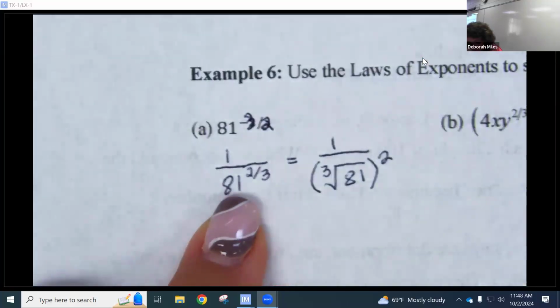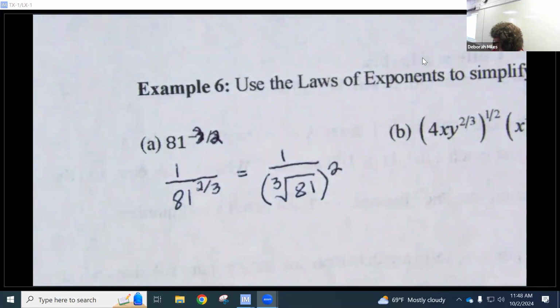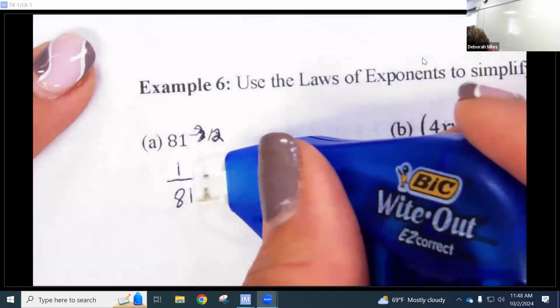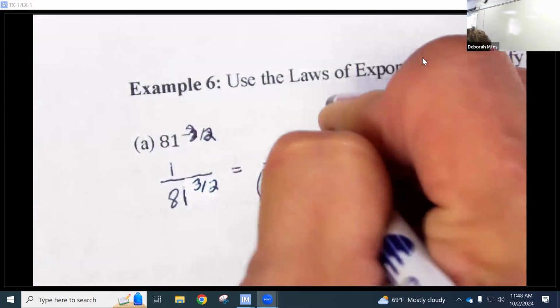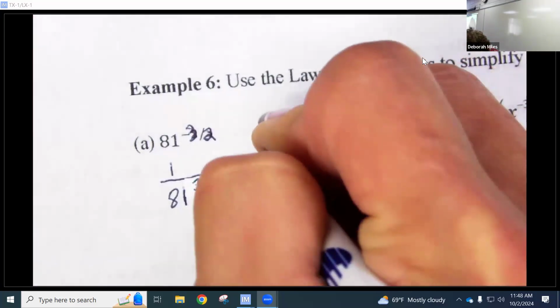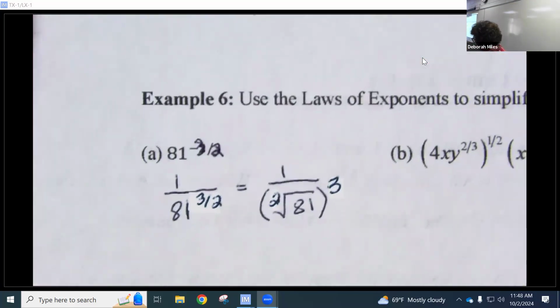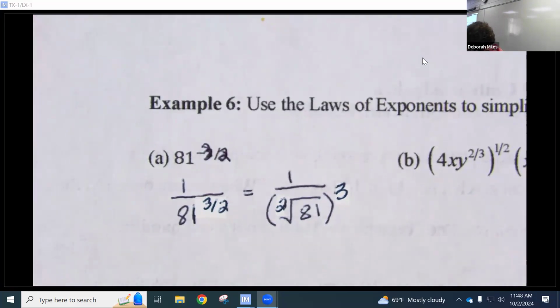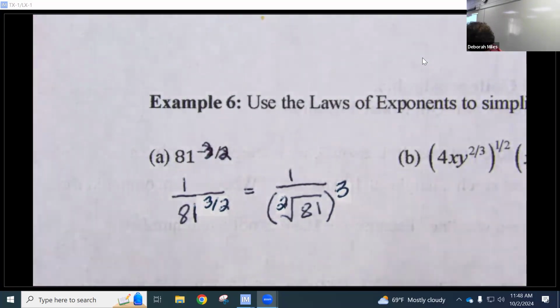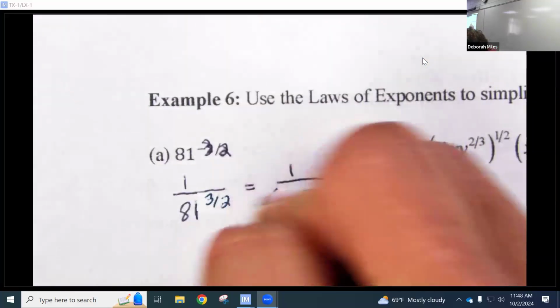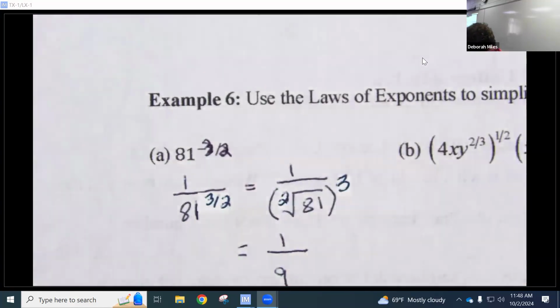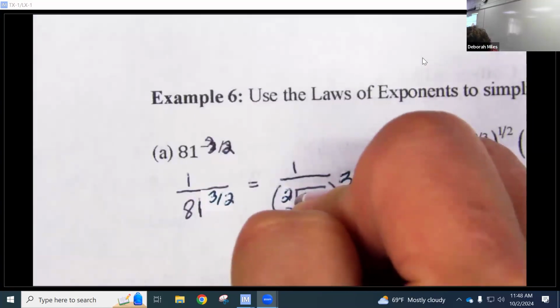Let's just change the problem to make it easier to work and so that it won't be harder than what I would put on the test. That's a much easier problem. Much easier because 81 is a perfect square. I can take the square root of 81 as 9 and then cube it.